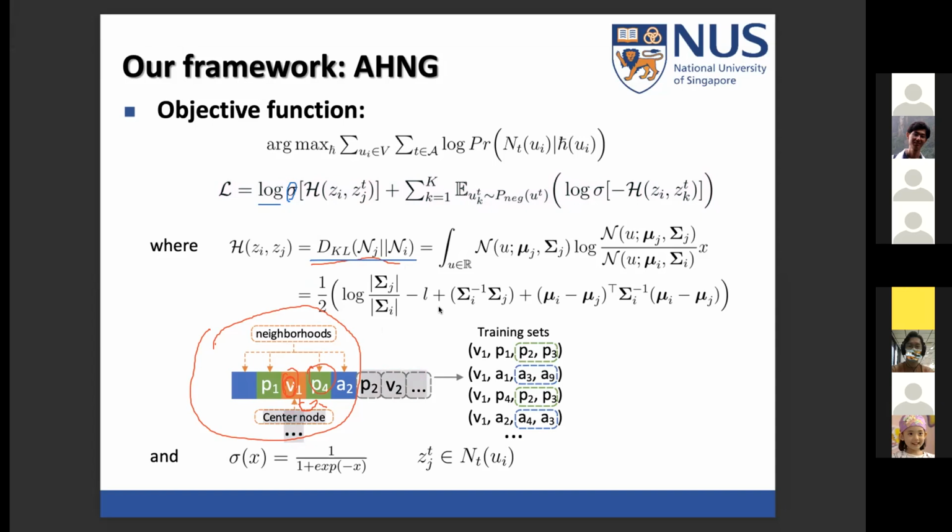Because you want to measure the two distributions, not the two vector similarity. Can you remove this part? No, you cannot remove this. This function is our objective function. This is the real function, but it's not easy to compute.